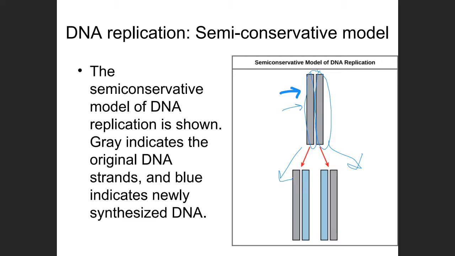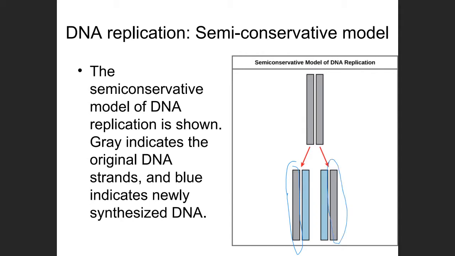So if you know this left one is A, T, G, C, and therefore the right one had been T, A, C, G, right? You can then immediately figure out what the other one is. And so a copy is made from those 2 originals. And so in these 2 new strands, you have one old strand, which is gray, right?